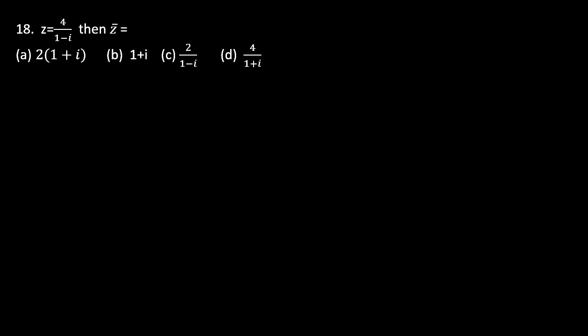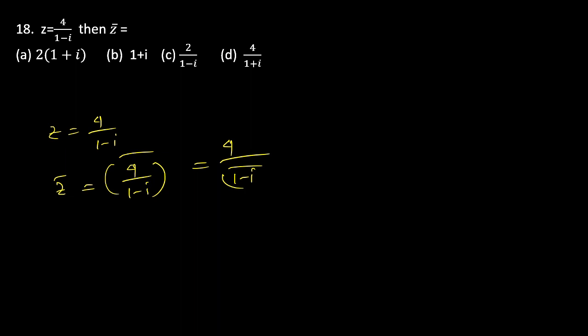Z is a complex number, 4 by 1 minus i. We have to find Z bar, the conjugate of Z. Z equal to 4 by 1 minus i, so Z bar will be the conjugate of 4 by 1 minus i. So this is 4 by the conjugate of 1 minus i, which will be 1 plus i.